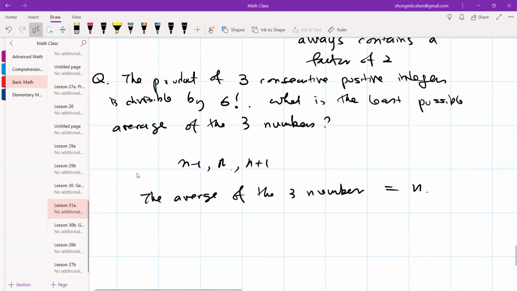If n is 2, then it's 1, 2, 3. But 1 times 2 times 3 is not divisible by 6 factorial. I'm talking about 6 factorial, which is 1 times 2 times 3 times 4 times 5 times 6, not 3 factorial.